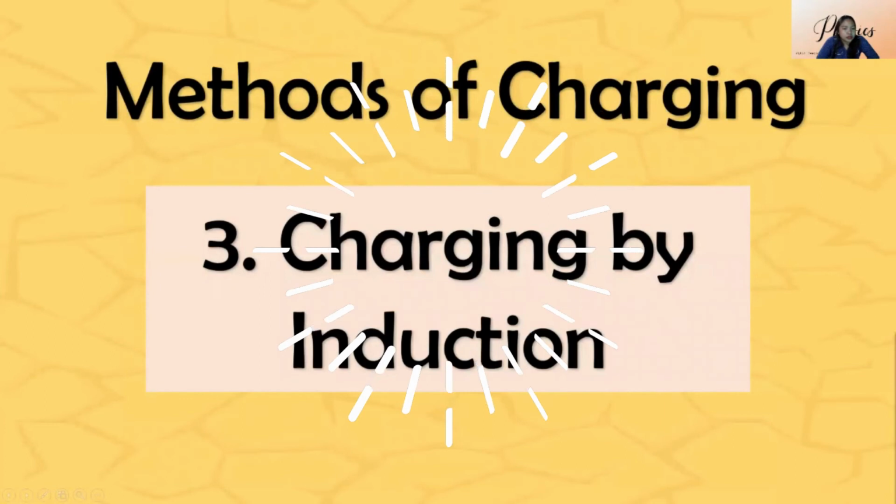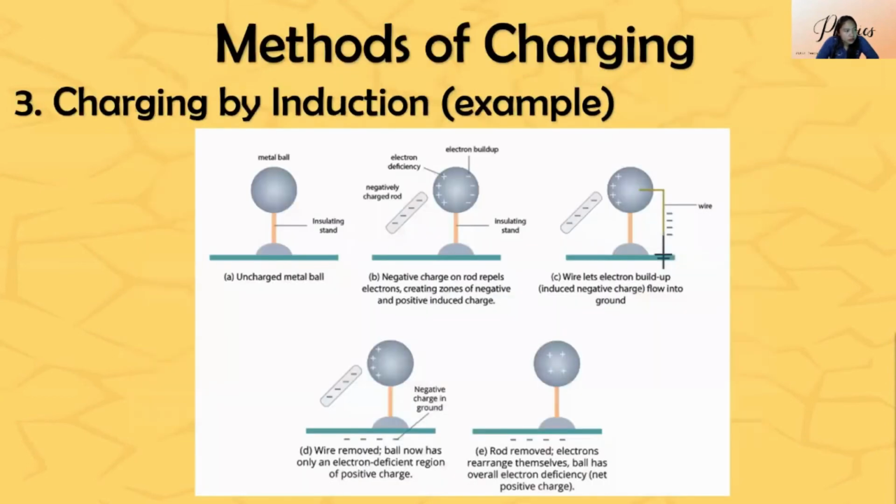Right. Now let's go to charging by induction. Charging by induction does not need contact with the other material. The objects do not need to touch each other. It can already induce the other material to be electrically charged. The situation here shows that initially this metal ball is uncharged, meaning it's neutral.